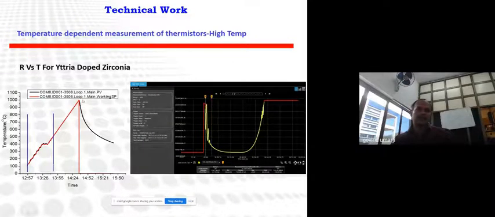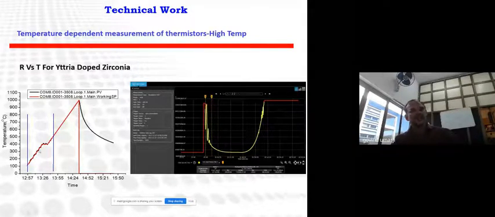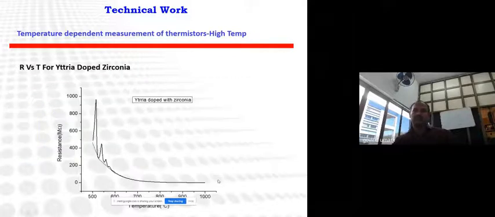This is a typical temperature profile of a furnace, where it shows a linear increase in temperature, and beside that there is the actual high temperature sensor measurement over the range of 500 to 1000 degrees Celsius.